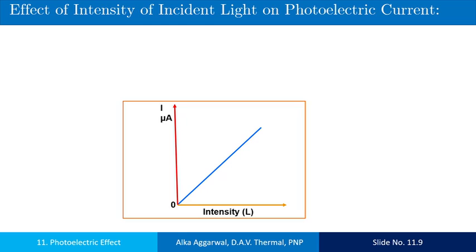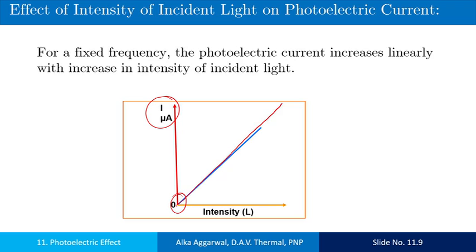And with the increase in intensity, the photoelectric current also increases. When a graph is plotted, it is a straight line passing through the origin. It means the photoelectric current increases linearly with the increase in the intensity of the incident light.